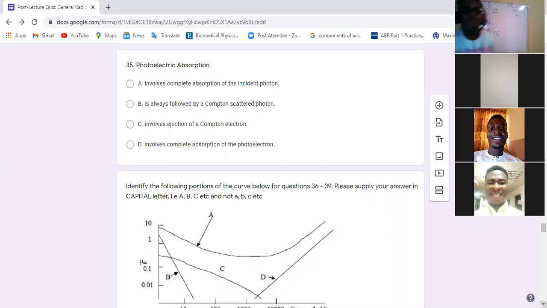I think A. I don't think it is A. I think it's B. It's D. I don't know. It's not complete like D. Absorption. Option D.